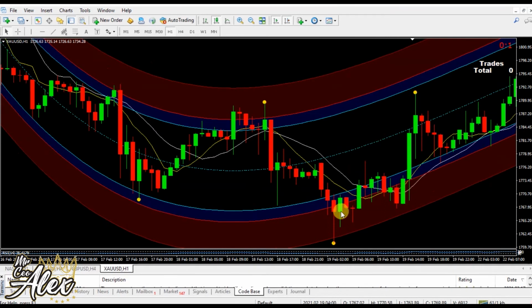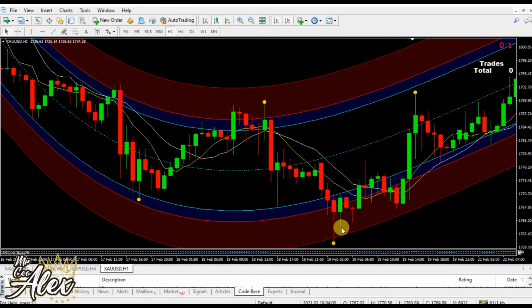Now it is good to wait until the 1 hour candlestick is closed, because this is open, high, low, close, right? So what you can do, you can enter when price is closed and wait for the next candlestick to form, or to create its low, and then you can enter the trade right here.